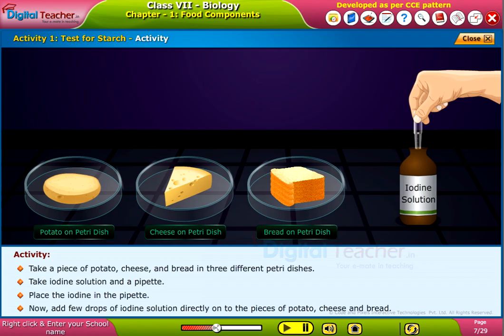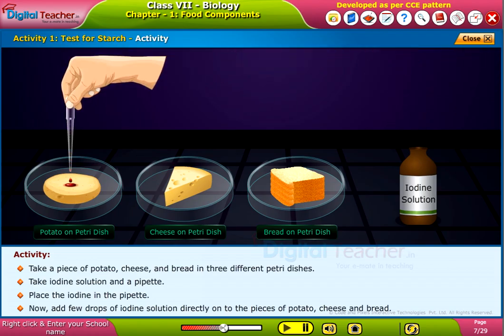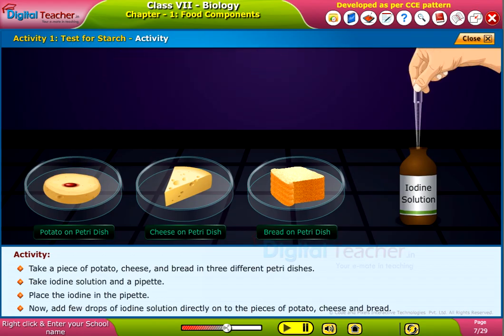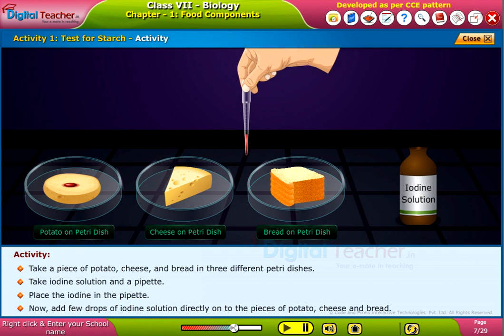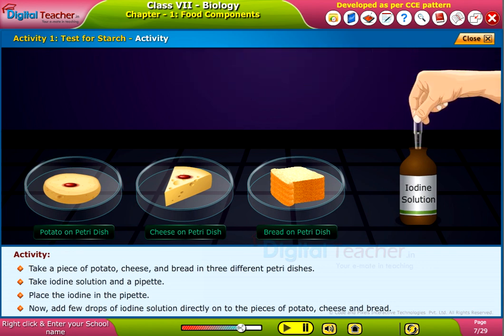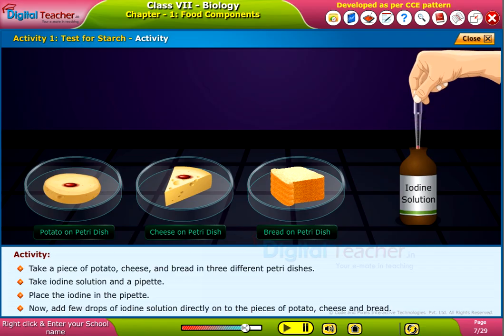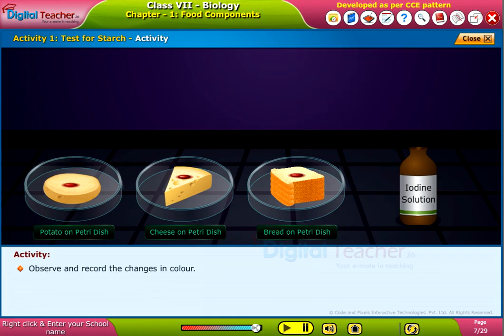Now, add a few drops of iodine solution directly onto the pieces of potato, cheese and bread. Observe and record the changes in color.